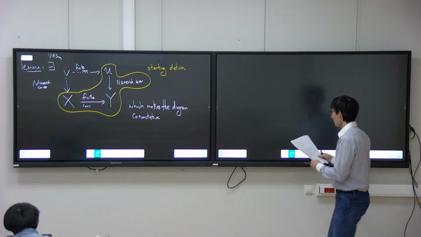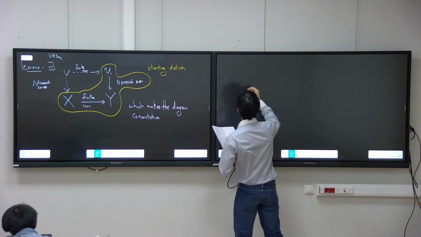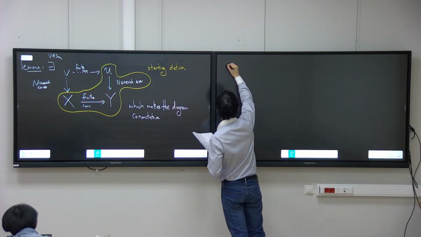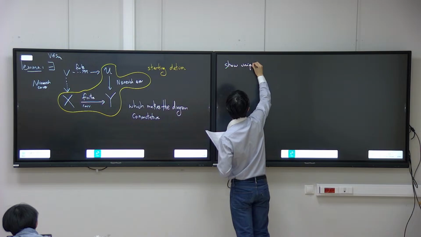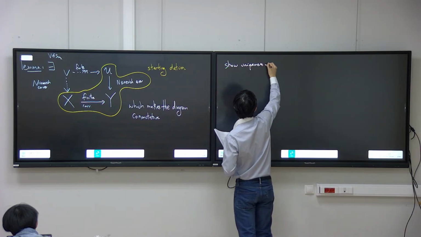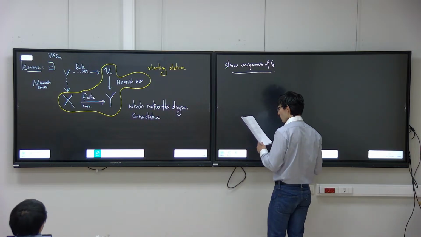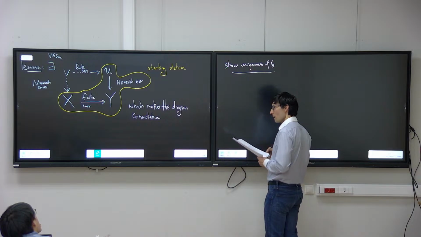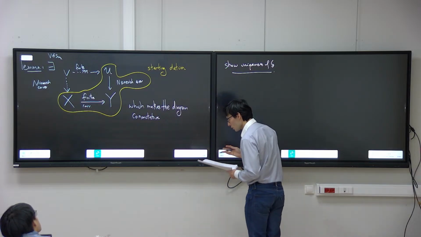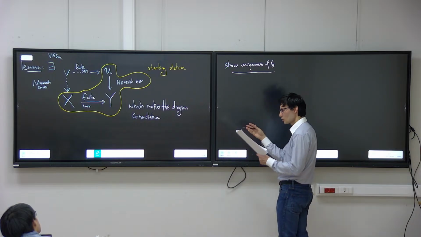So, to show uniqueness of G, let's say. Clearly it's unique on the smooth part, because by definition G restricted to smooth was equal to F Nis, so you don't have much choice there.